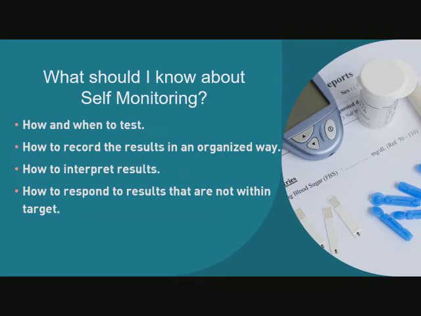So you need a documented results sheet. Okay, how am I going to make use of those results? I'm going to discuss this in detail in the next slide, and how to respond to results that are higher or lower than the target.